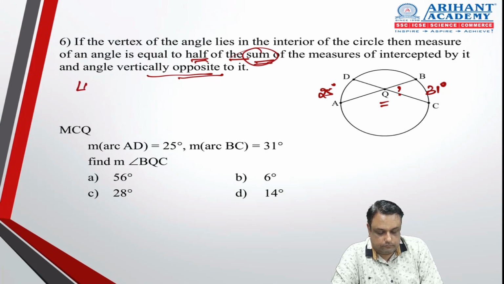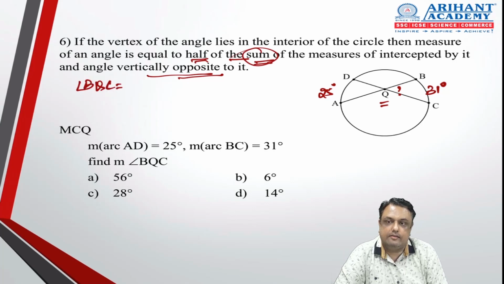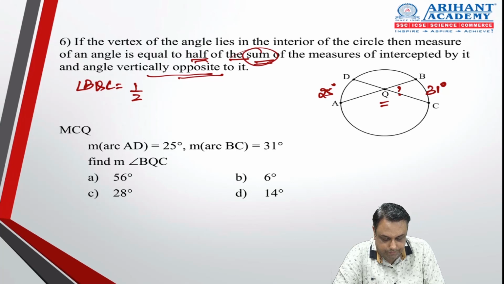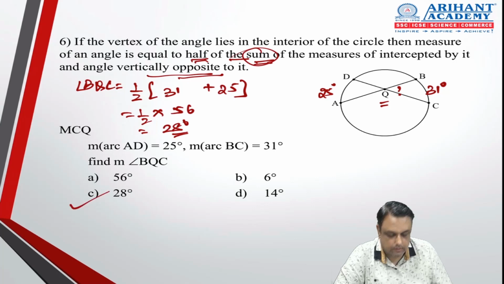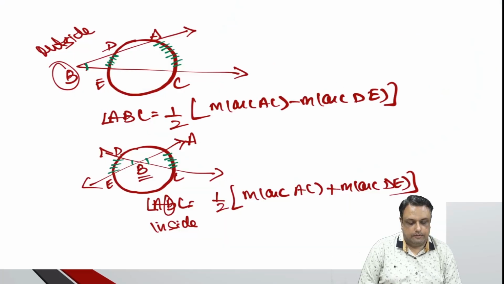Because the vertex lies inside the circle, it will be half the sum of the two arcs, 31 plus 25. So half of 56, that is 28 degrees. So C is the correct answer.